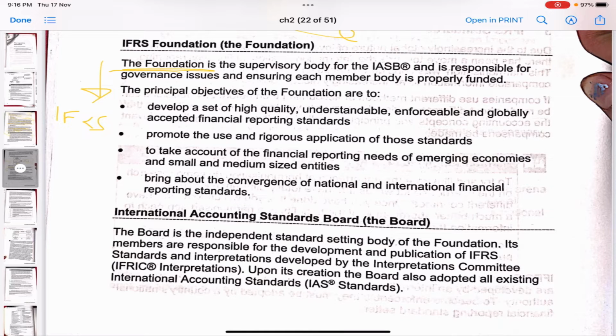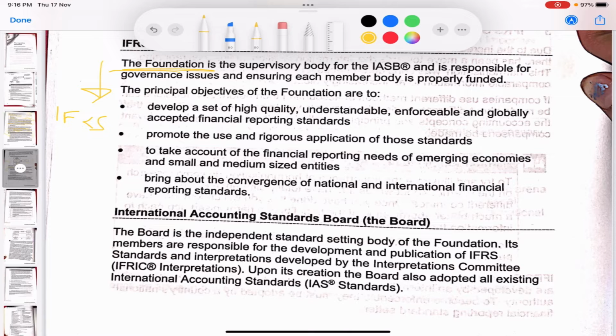So what are the objectives of the IFRS Foundation other than the one which we have read, that it is the supervisory body for the IASB? Develop a set of high quality, understandable, enforceable and globally accepted financial reporting standards. So developing this is also one of the biggest objectives of the IFRS Foundation.